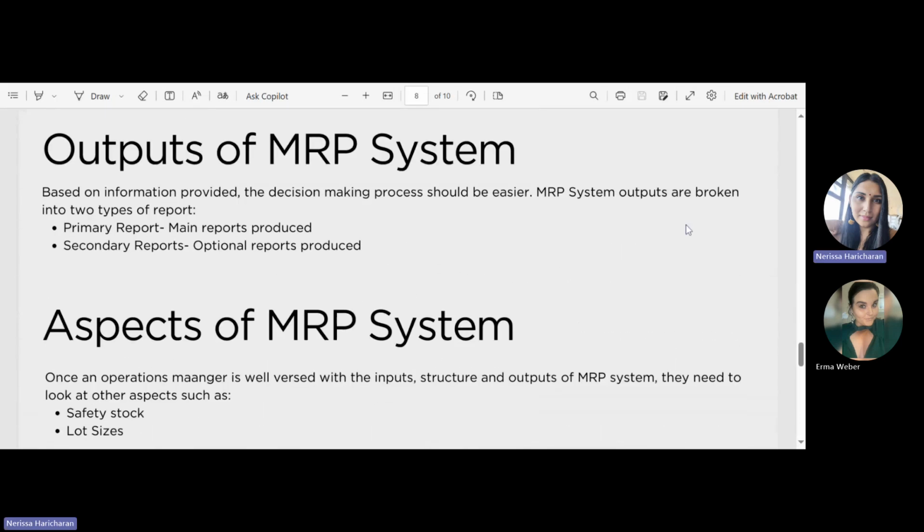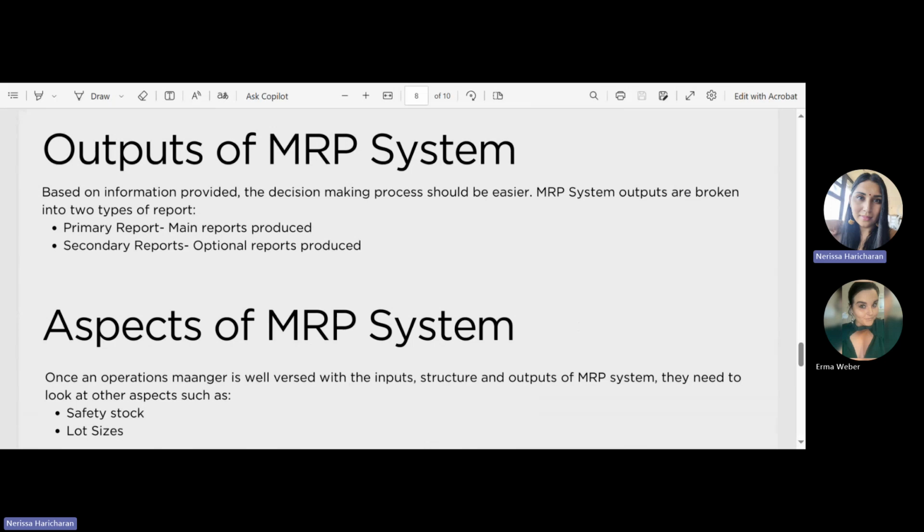Then we look at the different outputs of MRP, and there are 2 different outputs. When we look at outputs, we want to look at the information that's available from a management perspective to use in the decision-making process. A primary report is your main reports, basically your production planning, your control, your inventory.